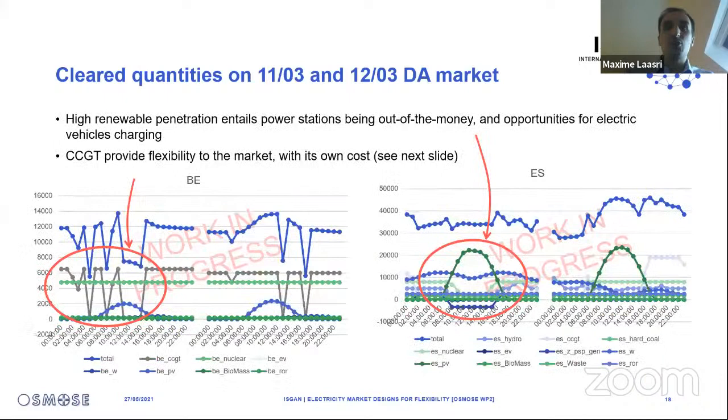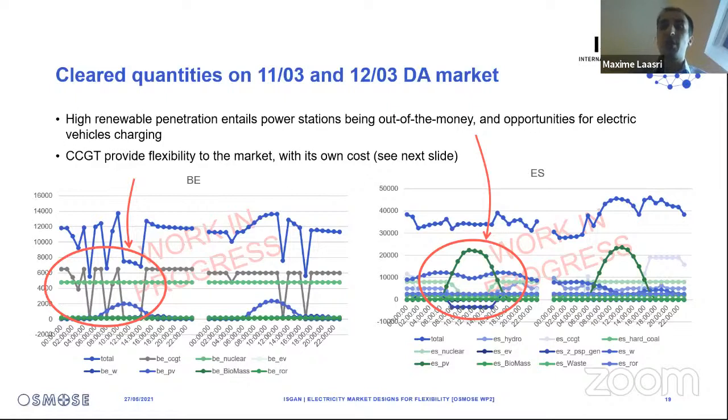If we get to a bit more in-depth analysis of these intermediary results, interestingly, in Spain, for example, on the right, you can see that we find again some things we would have expected, but we see them concretely here with such a massive renewable penetration.